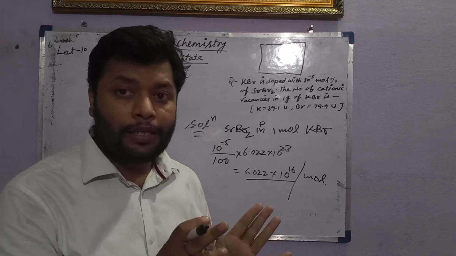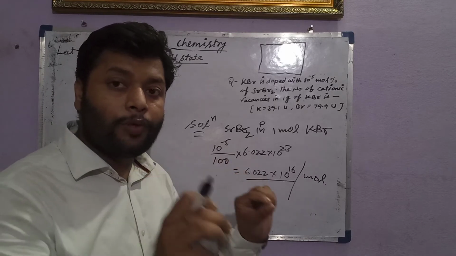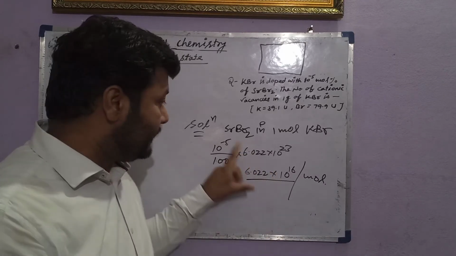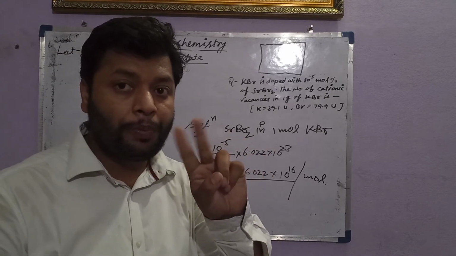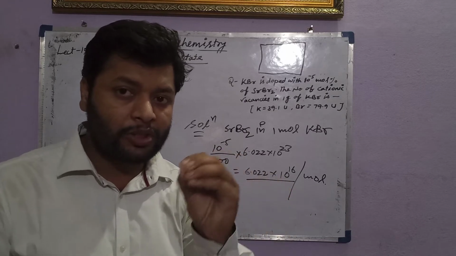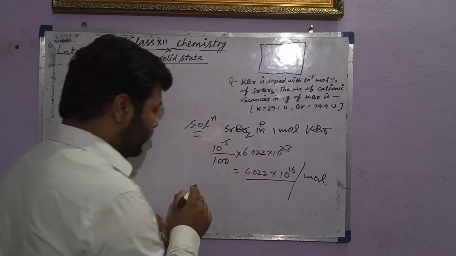And what I said earlier, the number of cationic holes is always equal to the number of strontium ions added, because strontium has 2 positive and potassium has 1 positive. So whatever the number of strontium added, the same number of cationic holes will be generated.